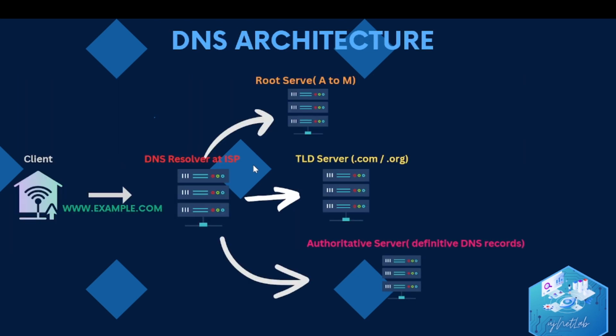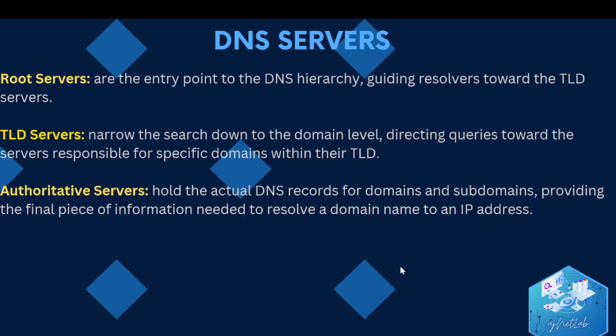Who is responsible for the specific domain? The authoritative server. Authoritative servers hold the actual DNS records for the domain and subdomains. For example, UJNetLab, it could be mail.ujnetlab, webserver.ujnetlab, sdwan, anything. These are subdomains.